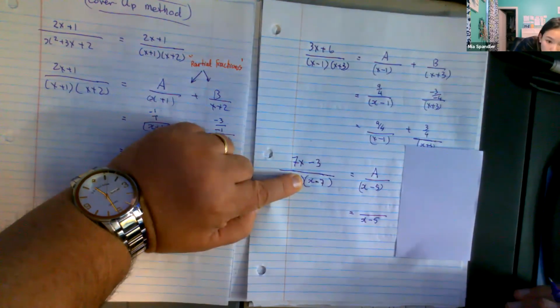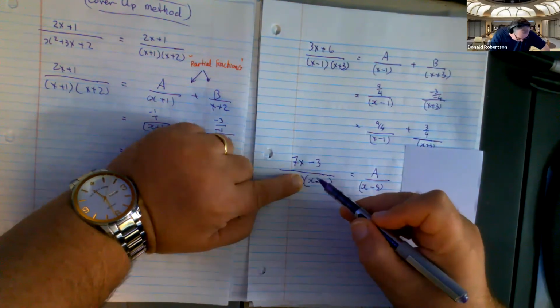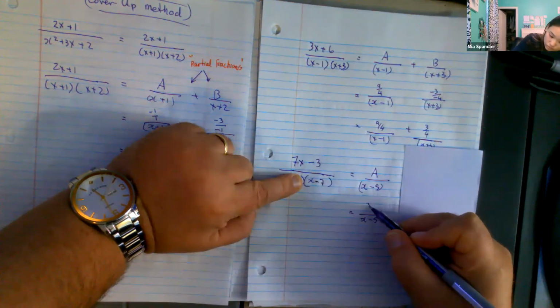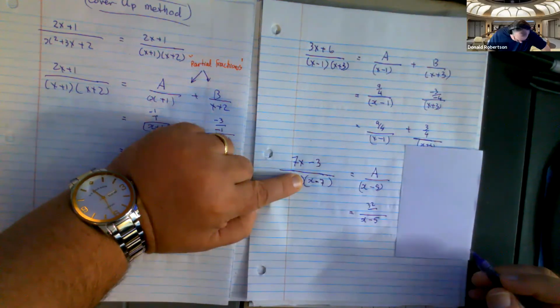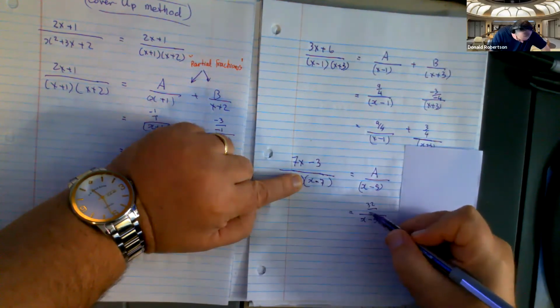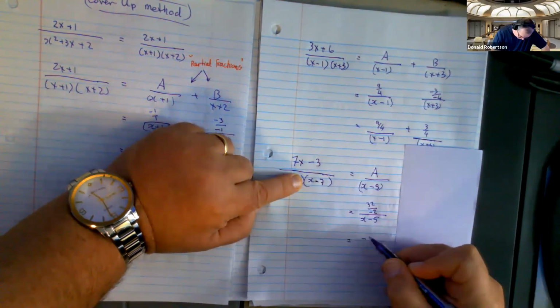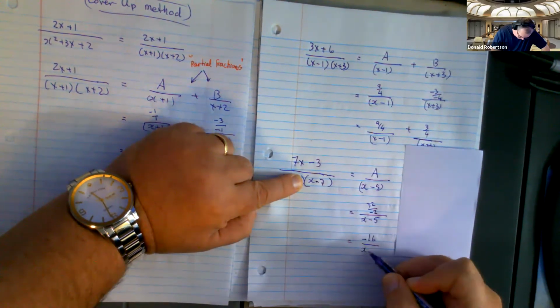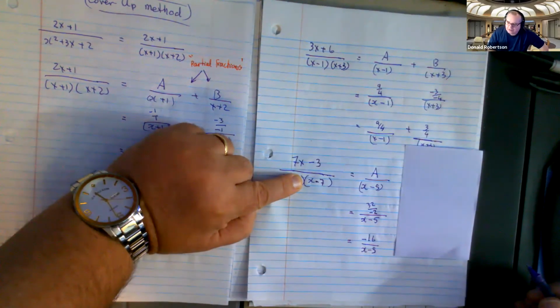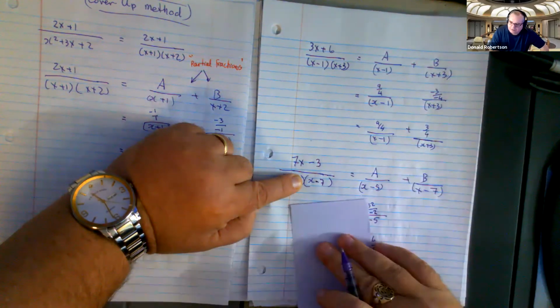5. Okay, 7 5s are 35, take away 3, leaves me with 32 on the top. And 5 take away 7 on the bottom leaves me negative 2. Would you look at that? It's actually quite a nice answer. Negative 16. Okay, let's go the other side.